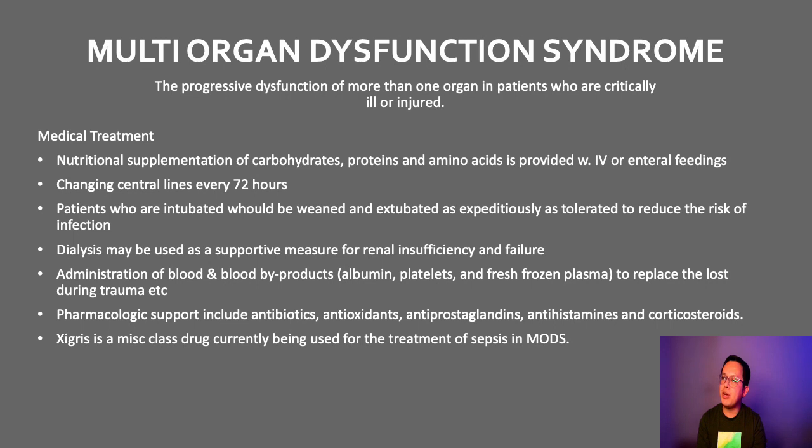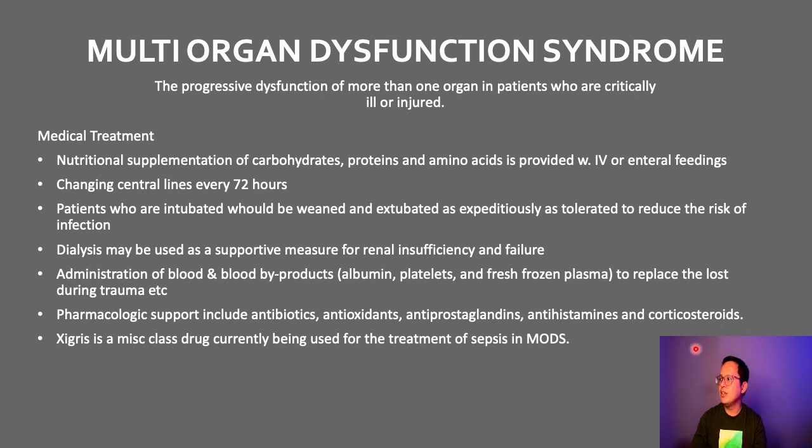Administration of blood and blood products, albumin, platelets, and fresh frozen plasma to replace the lost blood during trauma or bleeding. Pharmacologic support include antibiotics, antioxidants, antiprostaglandins, antihistamines, and corticosteroids. Research all these medications you have seen so you know what they are for and why they are given.